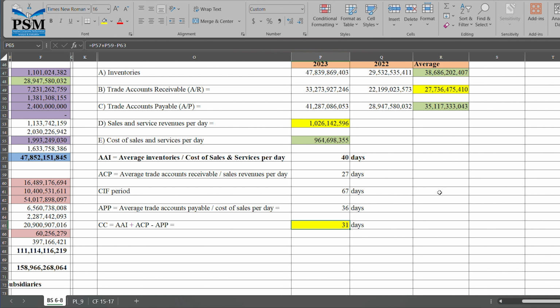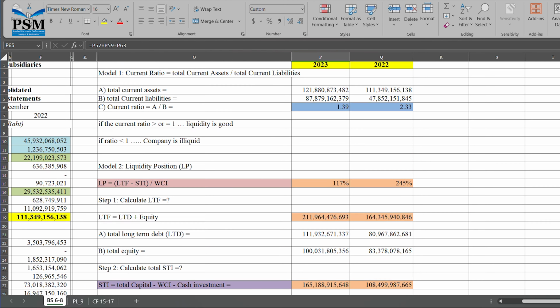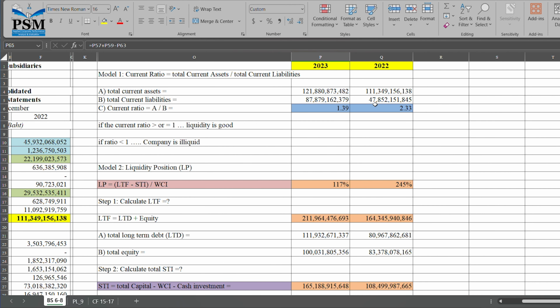We have taken an accounting approach and a finance approach. In the accounting approach, we have made use of the current ratio model. The current ratio for the year 2023 was 1.39 and 2.33 for the year 2022. If the ratio is greater than 1, it means liquidity is good.